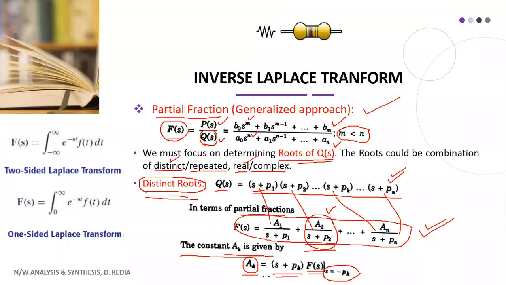You substitute this value and you will find Ak. In this way we keep finding the various constants, express F(s) as partial fractions like this, and obtain our inverse Laplace transform. So students, after discussing this, now let us move forward.